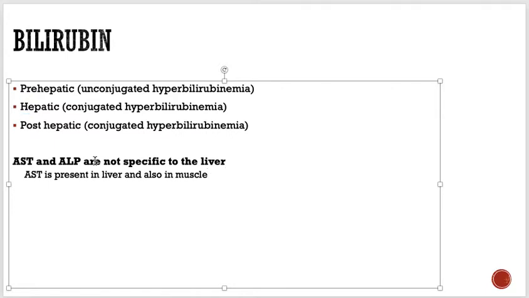For example, AST can also be raised in muscle injury, or even cardiac muscle injury. For example, in myocardial infarction, you will find raised ALP as well as raised AST. Okay, so that's ALP. I discussed it in the previous lecture.